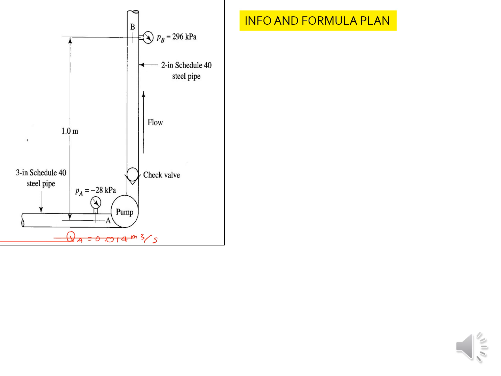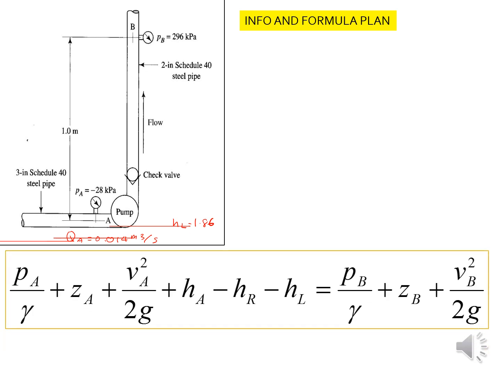We also have the information about the HL, the losses in the pipe, which is 1.86. And for the formula, we know that we're going to use this equation.